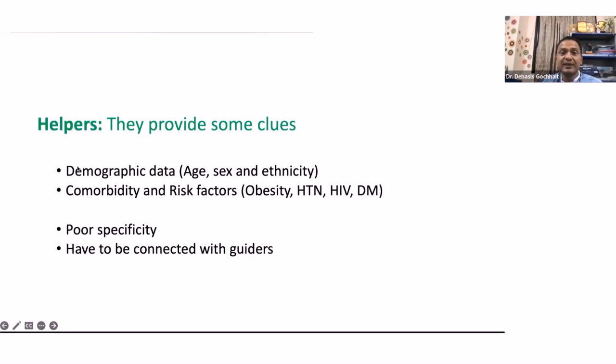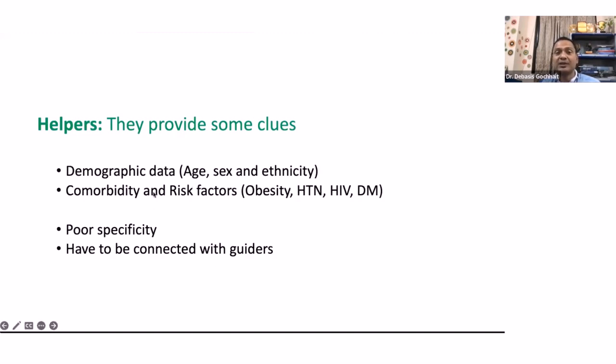Now why risk factors? Because, for example, I will give you a scenario. A patient who has hypertension and diabetes is more likely to have atherosclerosis as compared to a patient having only hypertension or only diabetes. Okay. So hypertension and diabetes both have a synergistic effect in causing atherosclerosis.